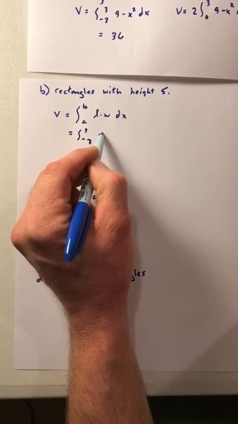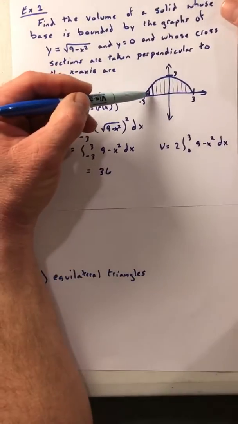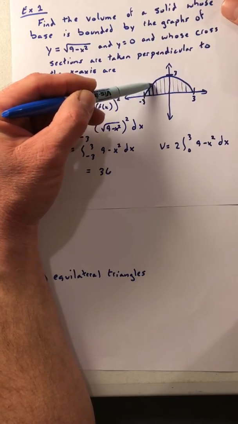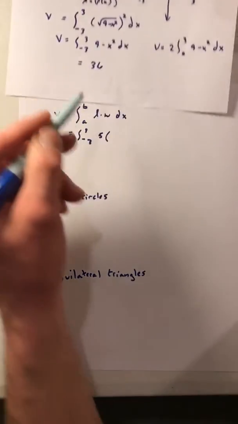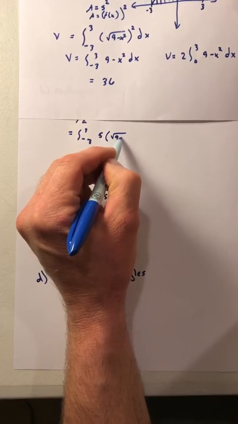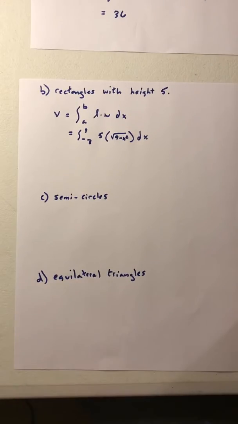Our length or width is 5 times, well, what is the other dimension? The other dimension is going to be the distance that we have from the x-axis up to the function, or f of x. In this case, our f of x was the square root of 9 minus x squared dx.